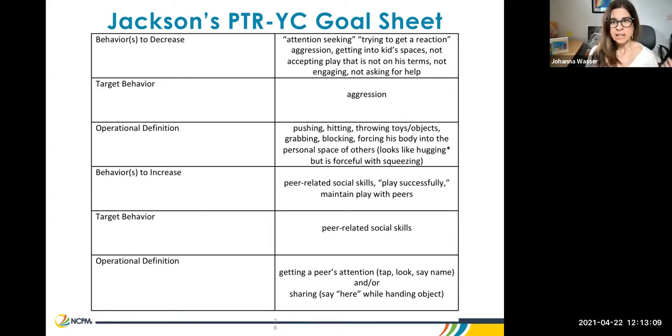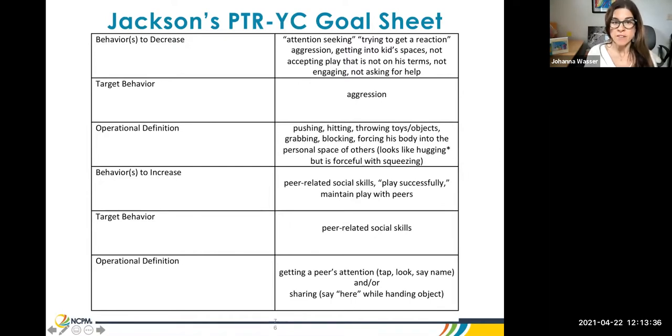You saw aggression, getting in kids' space, not accepting play that is not on their terms. We didn't necessarily see that too much in that particular clip. Not engaging, not asking for help. We didn't see that either, but we did see the rough play with peers. So the team decided to work on aggression, rightfully so, because we saw some fairly dangerous behavior there.